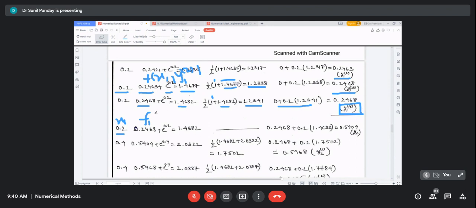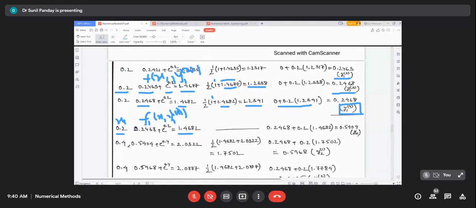So we say that this is f of x1 comma y1 fourth, our final corrected value. For this value we calculate this, and we have this as f of x naught y naught.